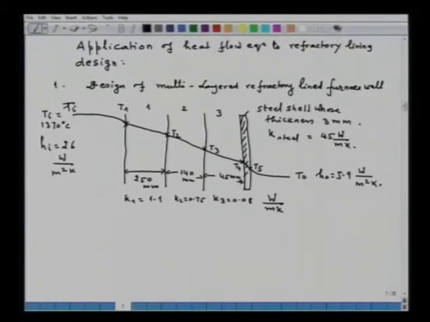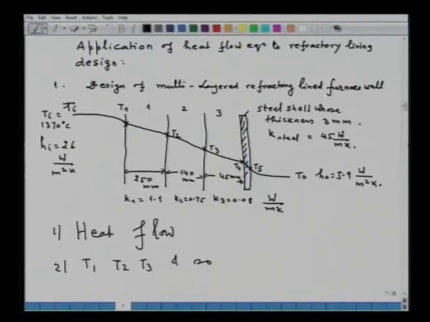So, this is how a multi-layered lining of different thicknesses is. What you have to calculate? You have to calculate first of all the amount of heat flow, and also calculate temperatures T1, T2, T3 and so on at each interface. So, this is what the problem is.